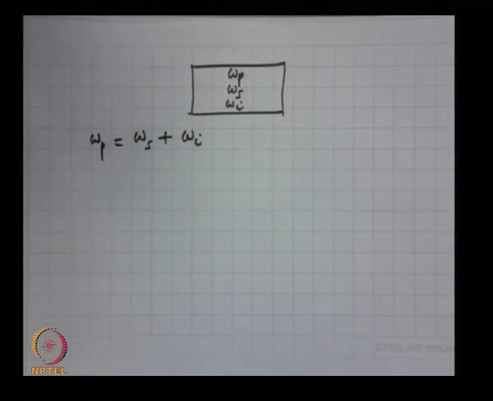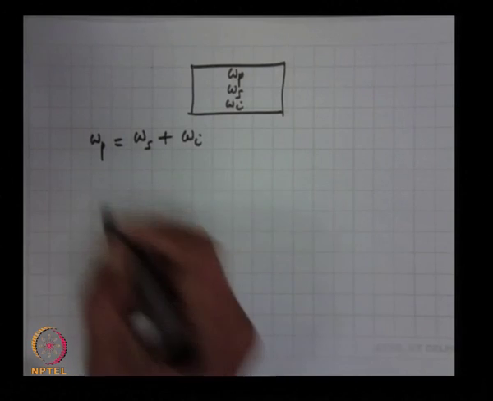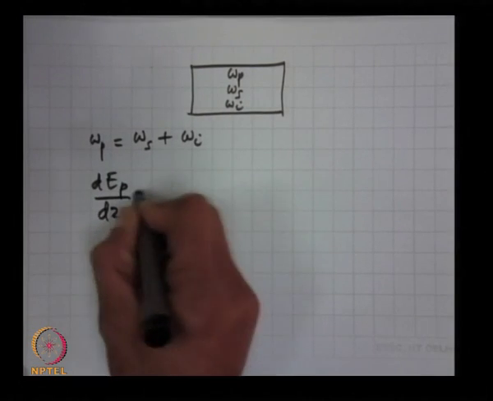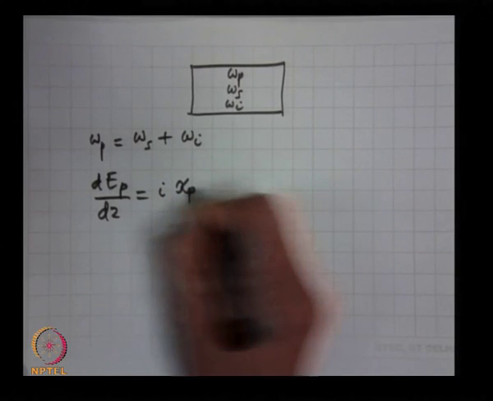As I said before, if the input corresponds to omega s and omega i simultaneously present at the input, then this is looking at sum frequency generation. If I have input at omega p and omega i, or omega p and omega s, it is looking at amplification.